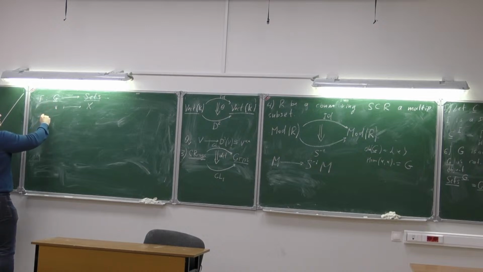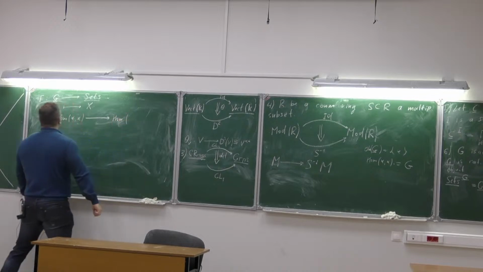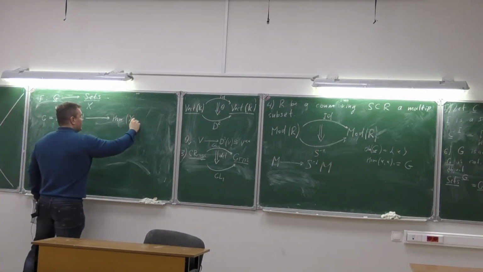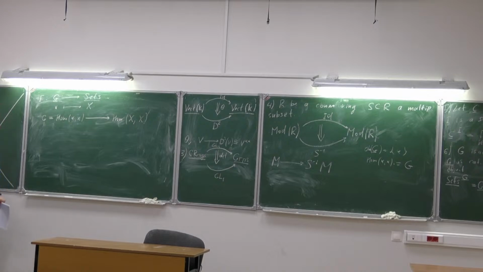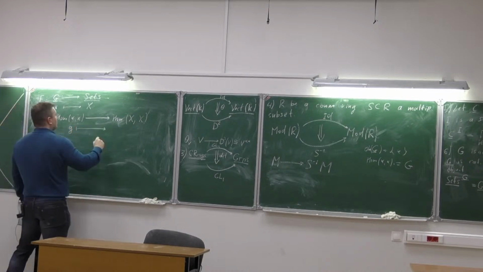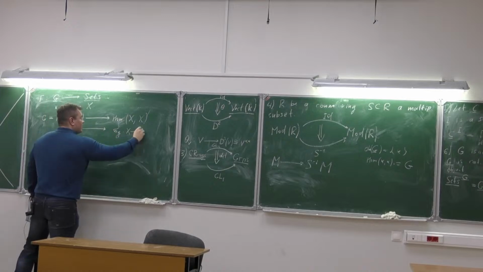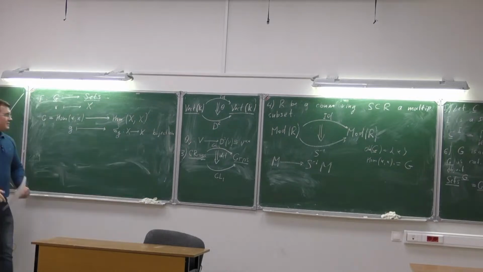It means that G, which we can identify with Hom from star to star, is mapped to Hom from X to X, since the application of the functor to star is just the set X. This is precisely the map that takes an element g and sends it to a bijection, call it sigma sub g, from X to X. But this is one of the definitions of the action of the group G on the set X.